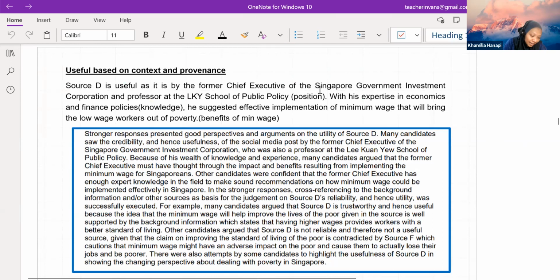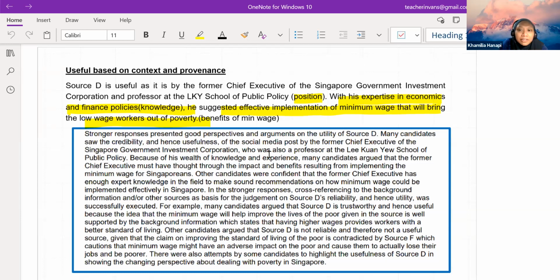The highest level of utility went to here. With his expertise in economics and finance, and his position, he is suggesting an effective implementation of minimum wage that will bring low wage workers out of poverty. That was one of the highest levels. You could get 7 marks for being able to write this succinctly. So always look at provenance, okay?